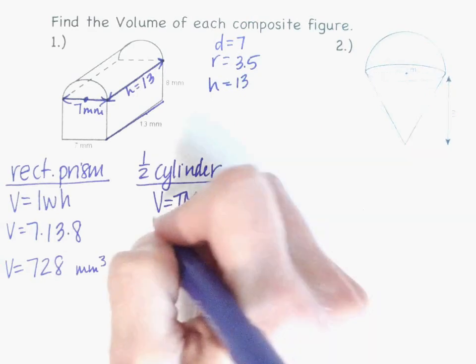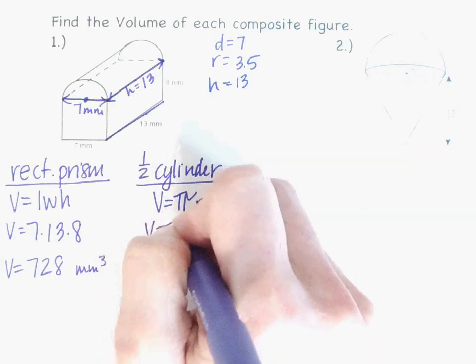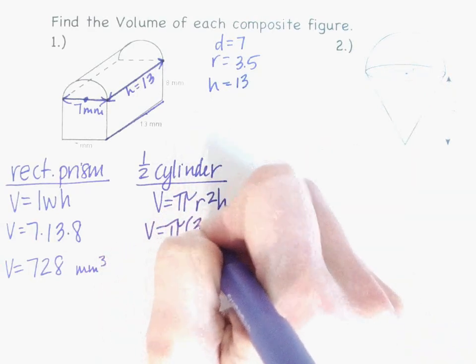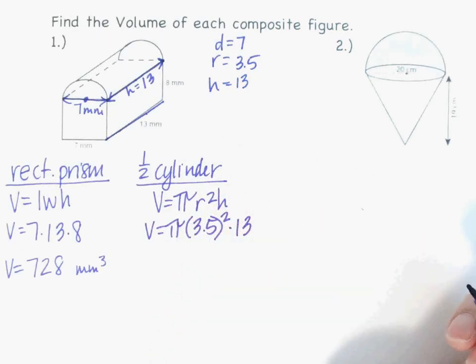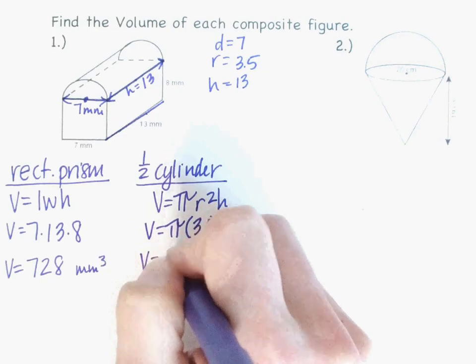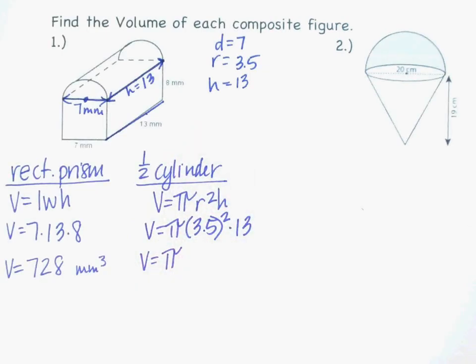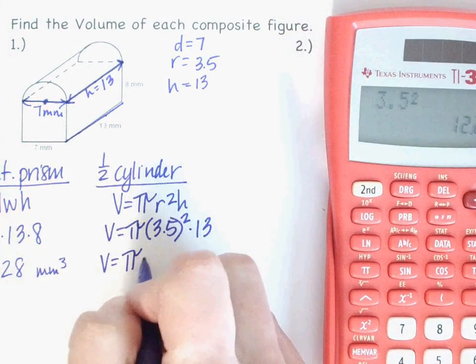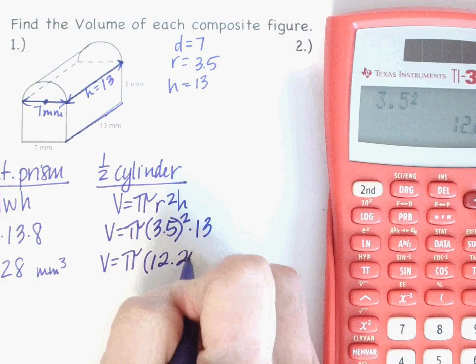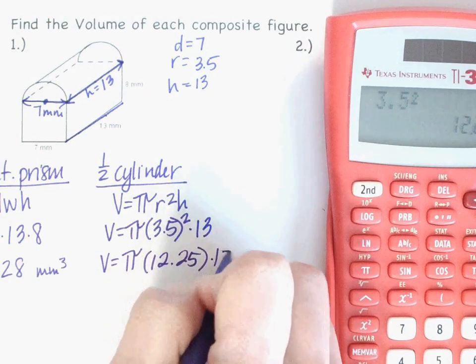Let's go ahead and make our substitutions. So I have pi times 3.5 squared times the height, which is 13. My next step is going to be doing exponents. So I'm going to do 3.5 squared, and that is 12.25 times 13.